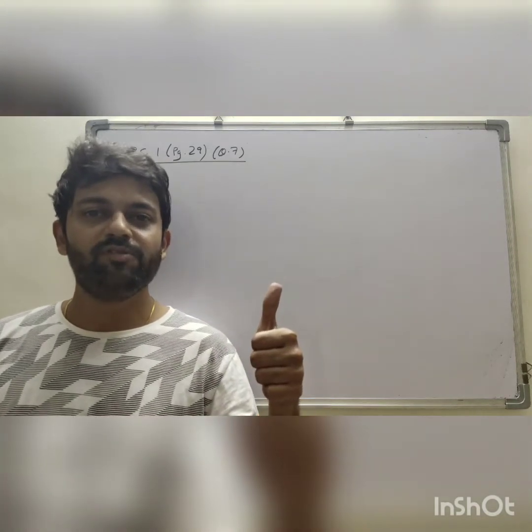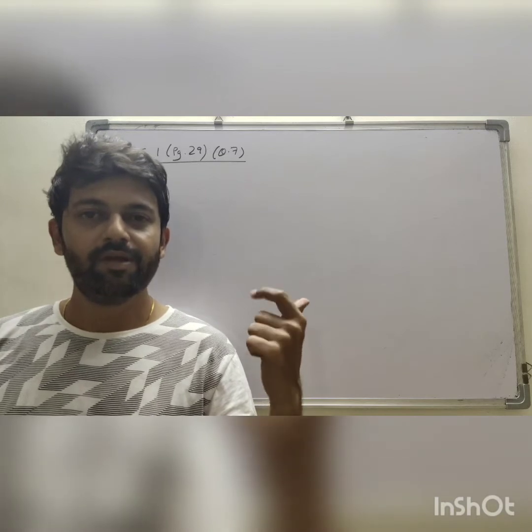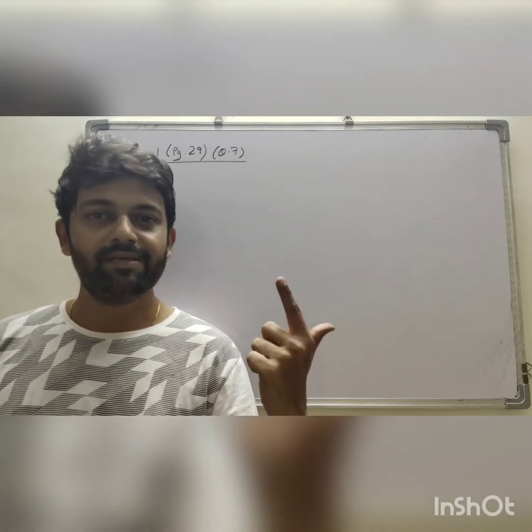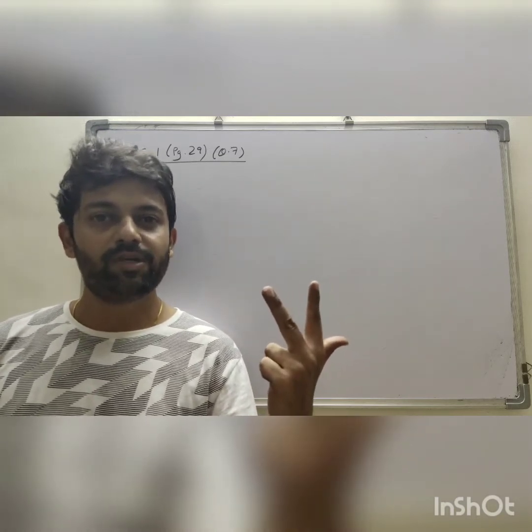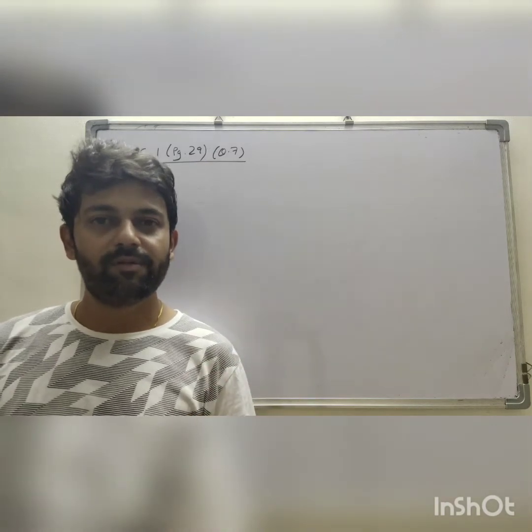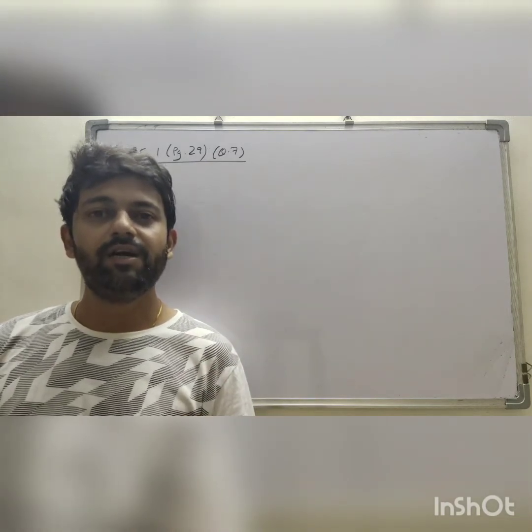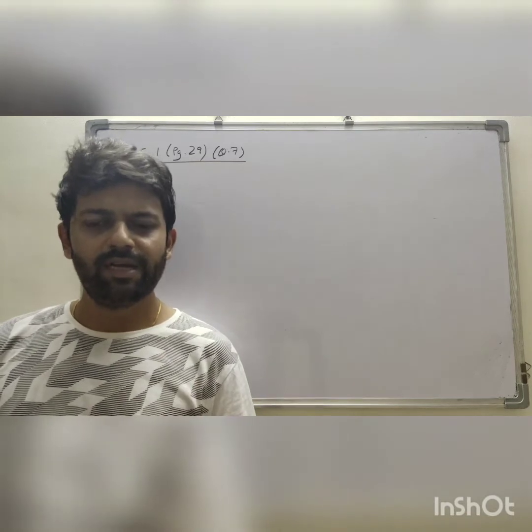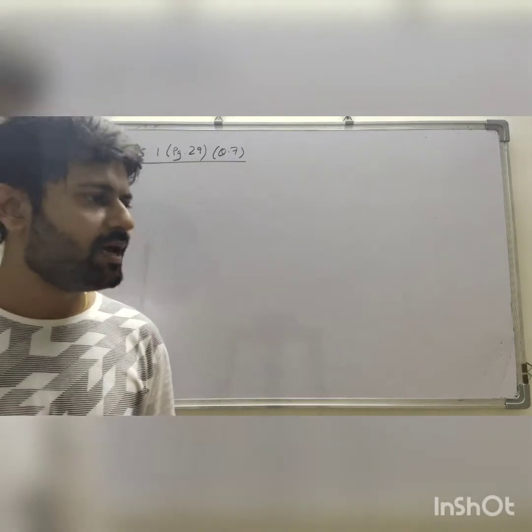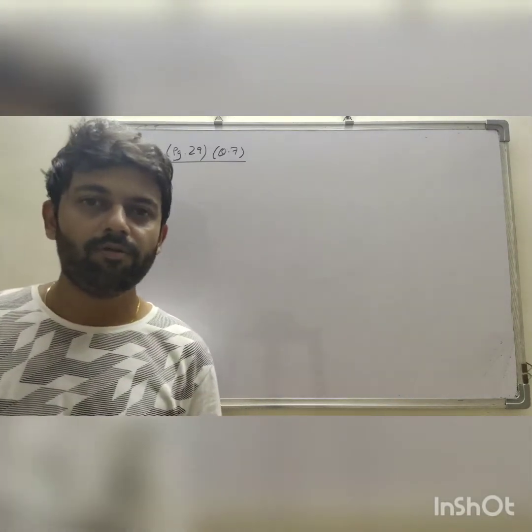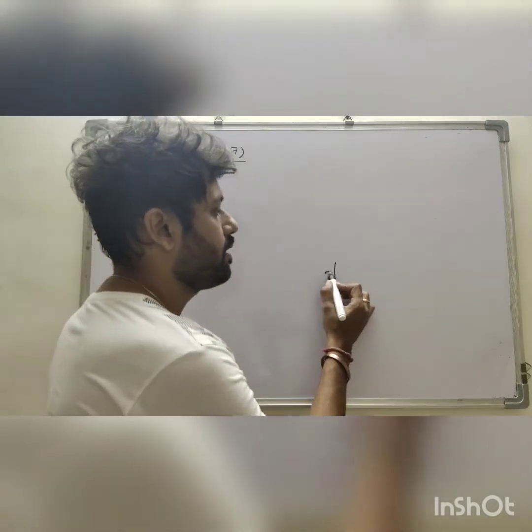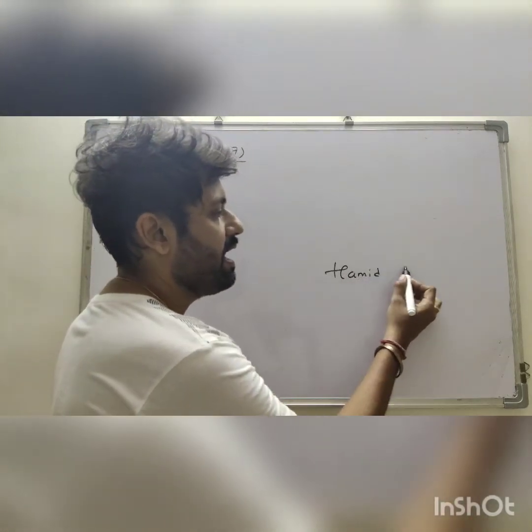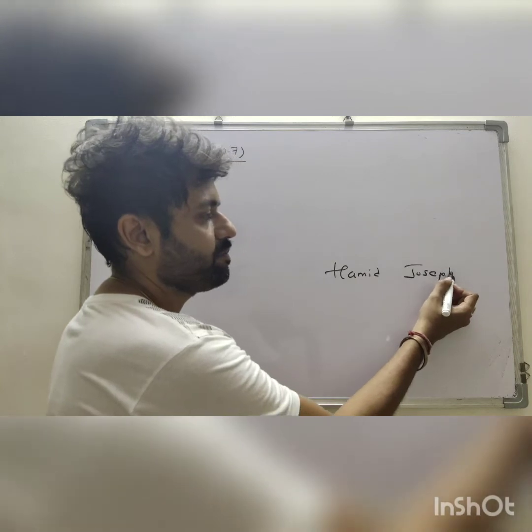The first sum was about 2-digit number. The second was about Kandabai. The third was about Anushka Anand. The fourth sum was about Manish Savita. The fifth sum was about skilled unskilled workers. And the sixth sum is about Hamid and Joseph.